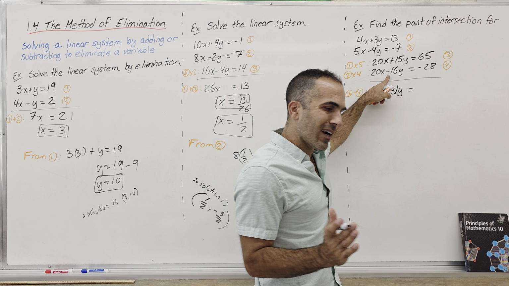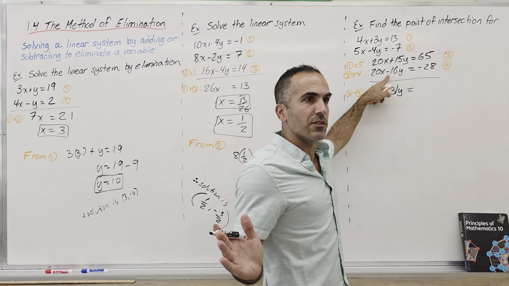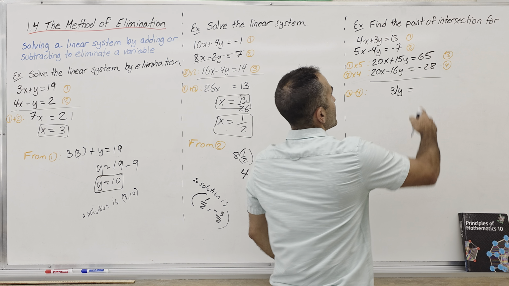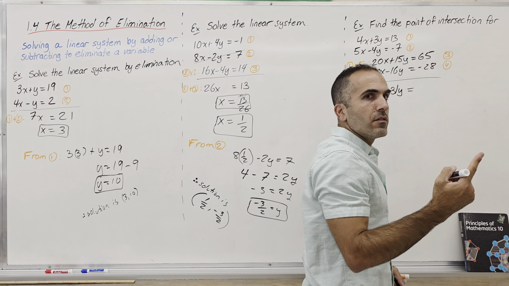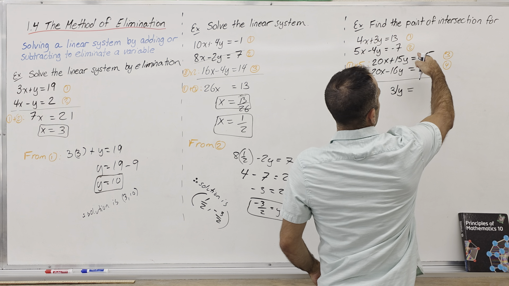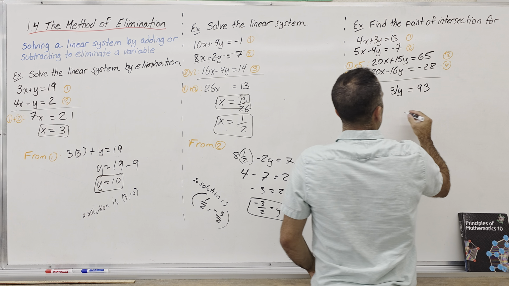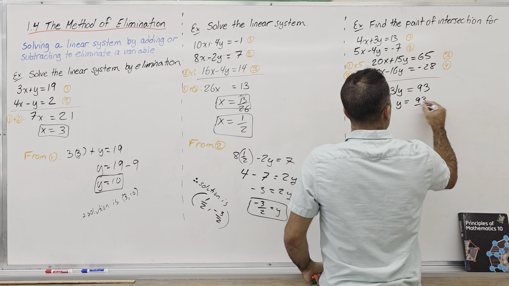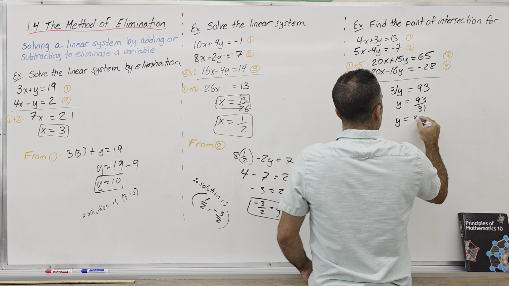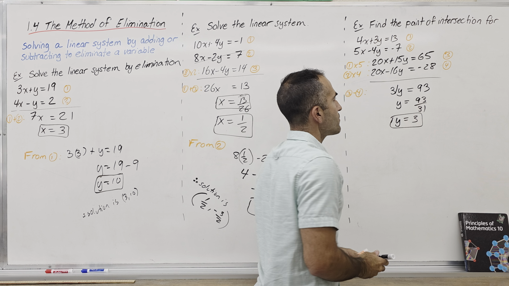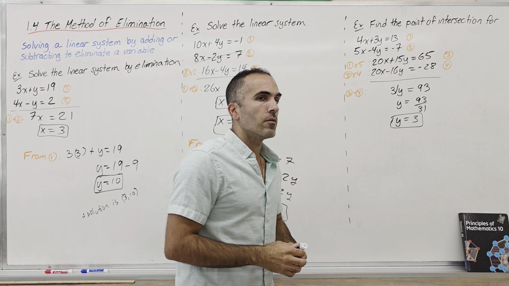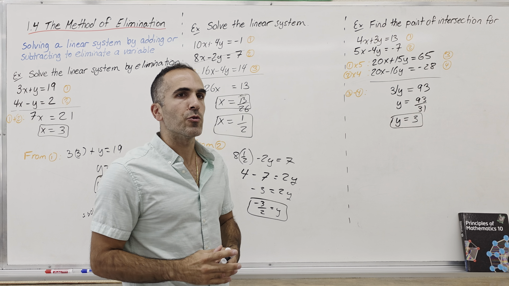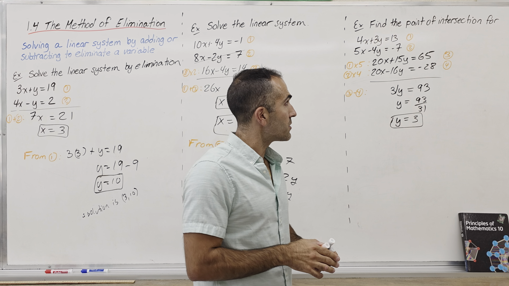Minus negative, go back half a second and change it to plus everything. 65 plus 28 is 93. Y is 93 over 31. Y is 3. Done. Minus negative, terrible. Too many words for possible mistakes.